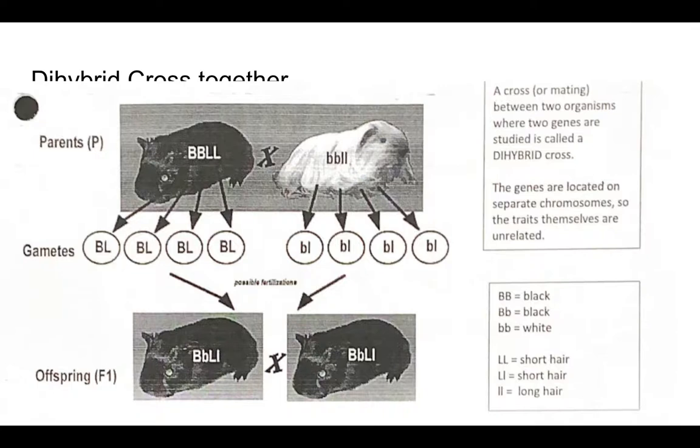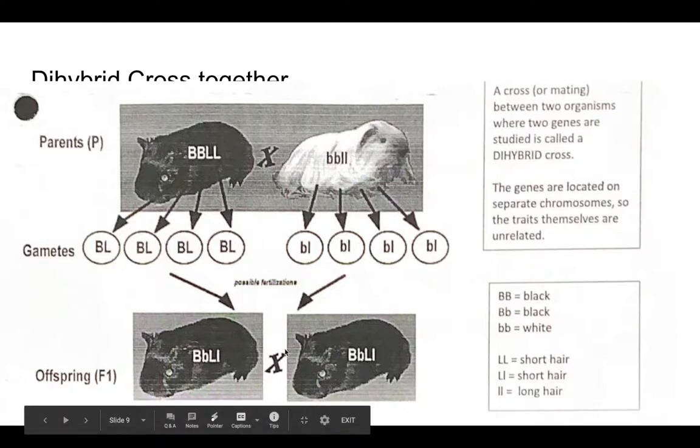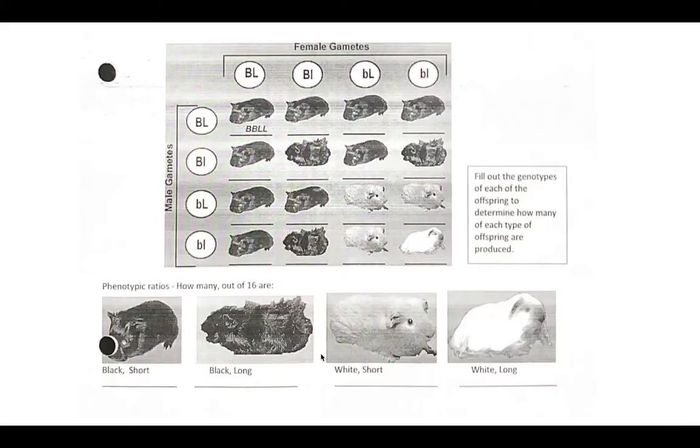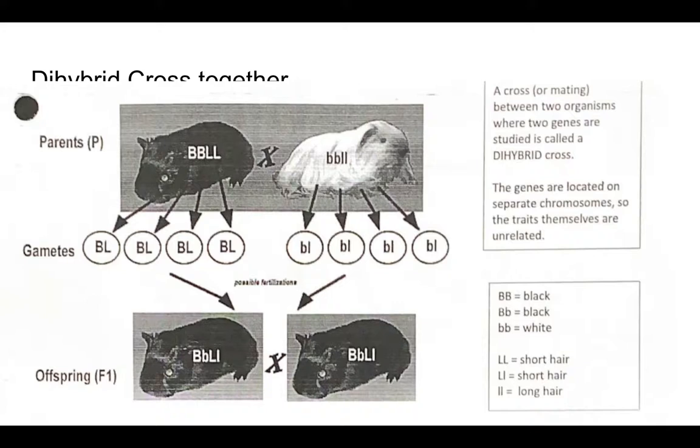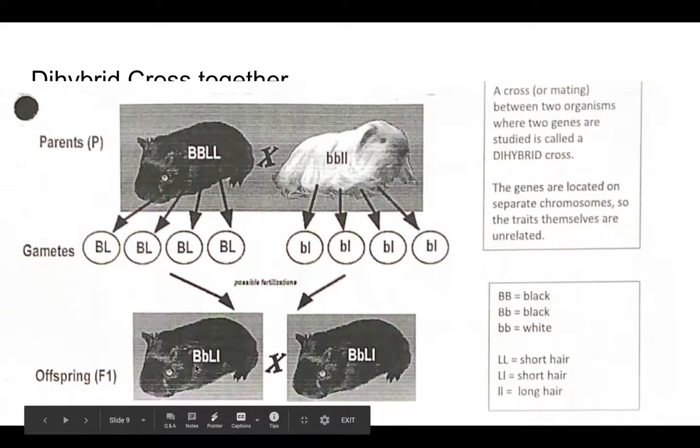Now, the question set on the front asks you to cross these two, and that will get a little bit trickier. We're going to walk through that process. So step one would have been figure out the gametes that this organism could create and figure out the gametes that this one could create.